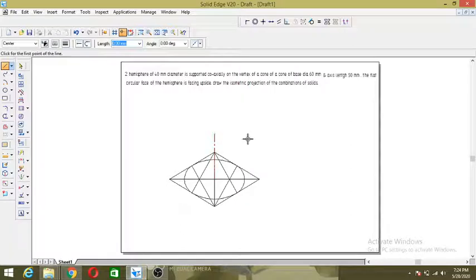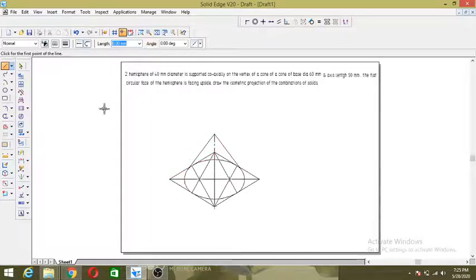So this is the vertex of the cone. Then select normal line. From this vertex, draw the tangent to this circle. It is supposed to just touch this circle, not pass through it. It is just a tangent.